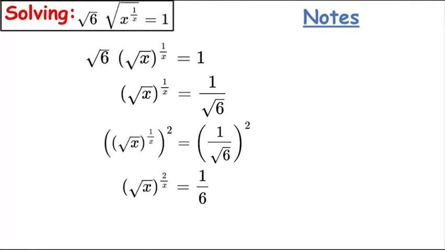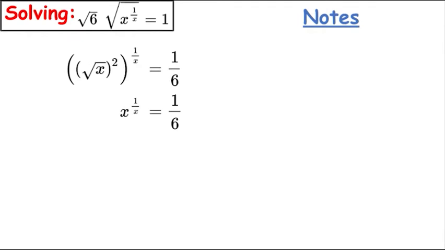Now we have to focus on the internal part here, and we're going to simplify the square root here by bringing the 2 out again in the next step. So we're going to go square root of x all to be squared, and then we're going to apply the fractional root outside again. Now we're going to apply a reciprocal power onto both sides.